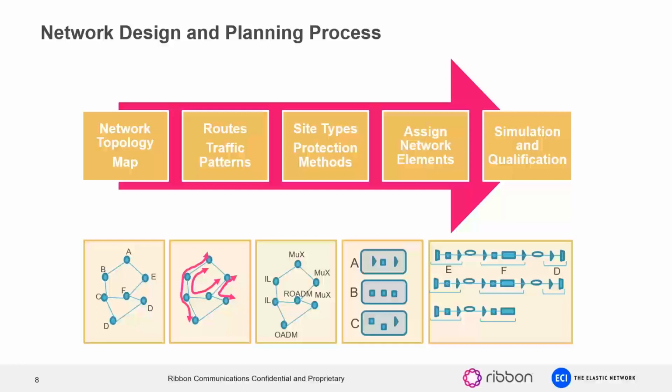This is a slide that basically walks you through the design and planning process. So for rural networks, we very frequently see a ring upon ring type topology. Occasionally it's hub and spoke in terms of physical fiber, but very frequently we've got rings out there. So we take that topology map, and then most importantly, we look at the traffic routes, right?